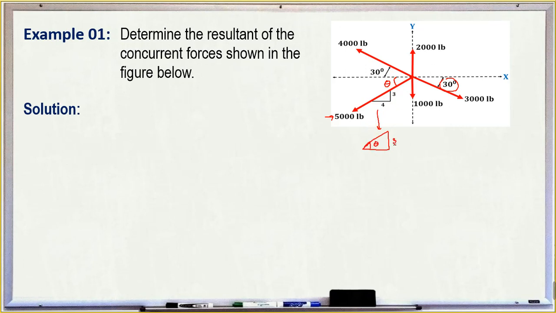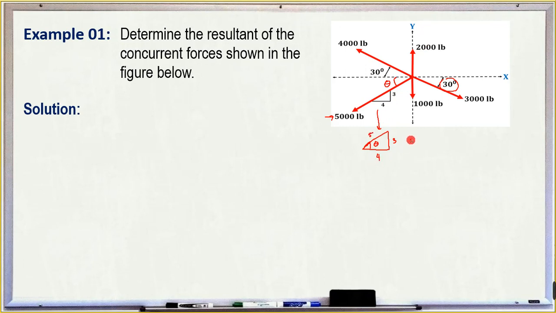And we have here 3, 4. So what is its hypotenuse? If you calculate this using Pythagorean, the result here is 5.